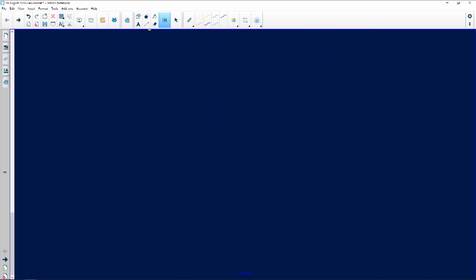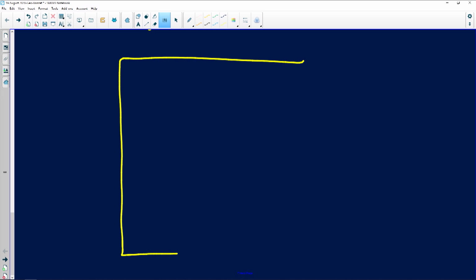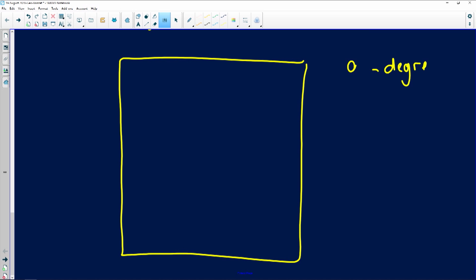Now, just another example. Remember, when we work with coordinates, we deal with degrees, minutes, and seconds. I want you to think of the degrees as hours, because we're already dealing with minutes and seconds.